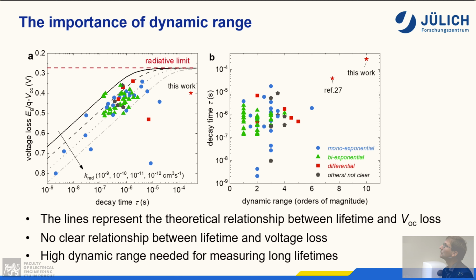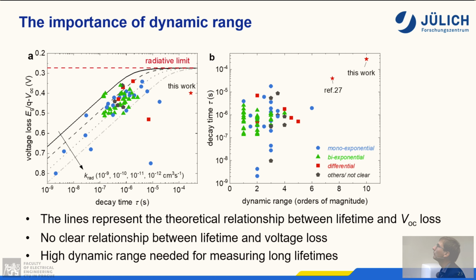Yeah? But the problem is, in many cases, people measure with setups that don't really allow a large dynamic range. And so this is a graph where we've plotted the dynamic range that people report in TRPL measurements versus the decay times or lifetimes that they report.